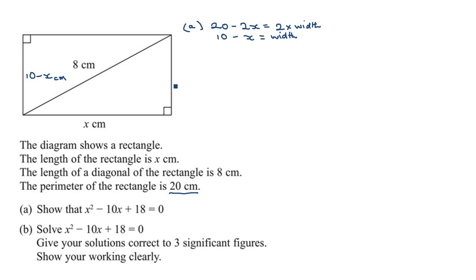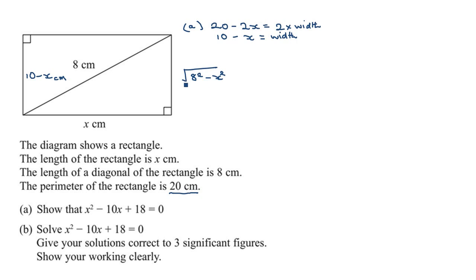Therefore this side must be the square root of 8 squared, the hypotenuse squared, minus x squared. So that's another way of finding an expression for the width here, or the height, if you like, of the rectangle.